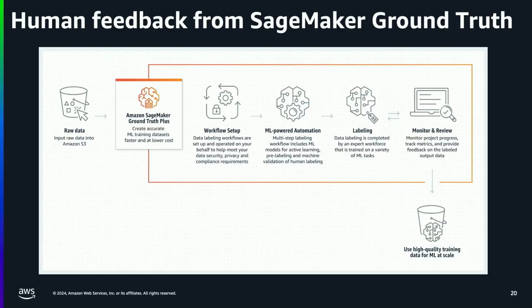Another option is what we call self-managed Ground Truth, and it's where you as the developer can create a labeling job, and then you're using data sets within that job. And then you have a managed UI that you can use for labeling. And so that's the one we're going to take a look at in the demo.